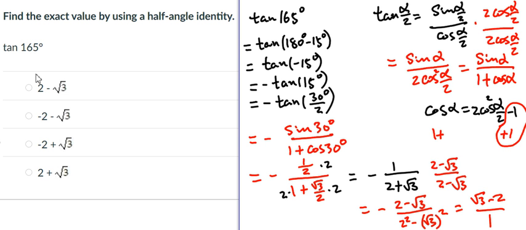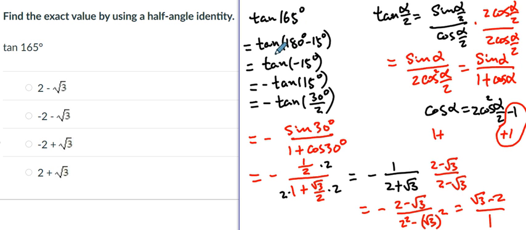Now, let's find the exact value by using a half-angle identity. Here we have tangent 165 degrees. We know this value is very close to 180 degrees. 180 degrees minus 15 degrees is going to be 165.